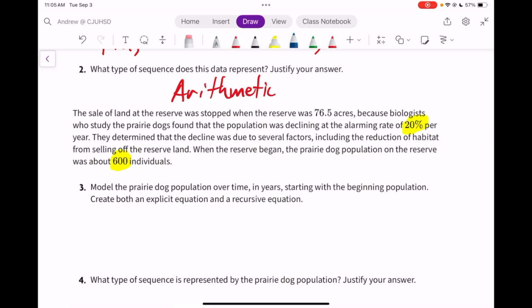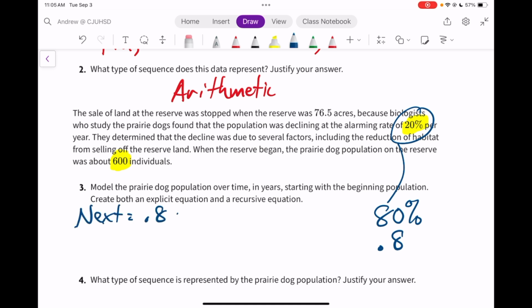So explicitly and recursively. Now, our common ratio is what's left when you take 20% off. You get 80% left. And as a decimal, that's 0.8. So next is going to be equal to 0.8 times the previous.